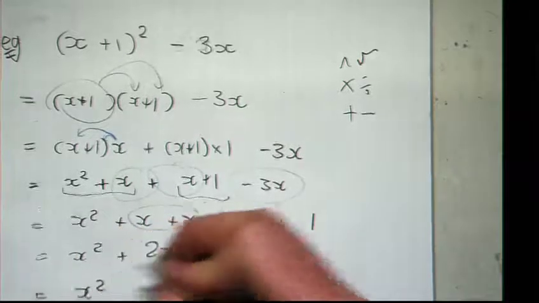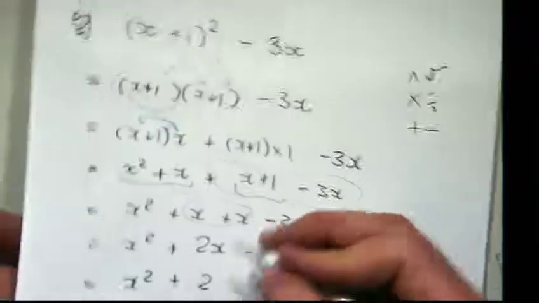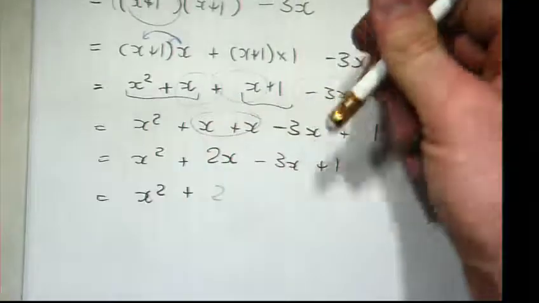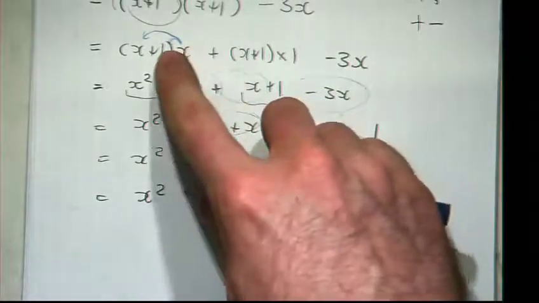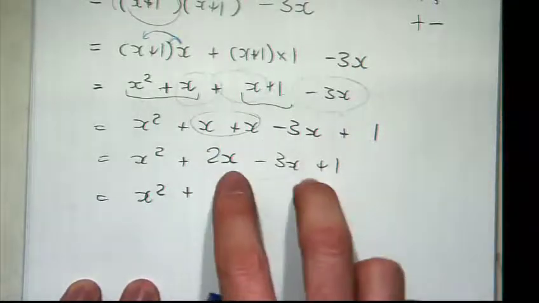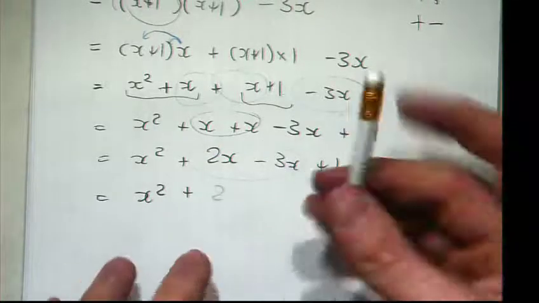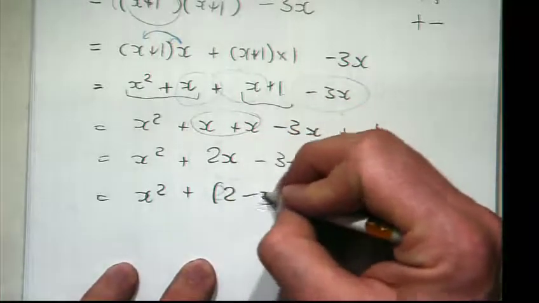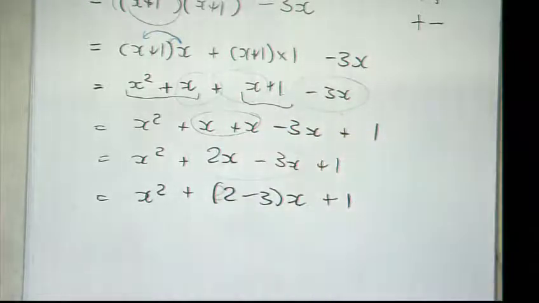And remember that I can do this trick back here backwards if I want. Those two x's can come out and become 1x.